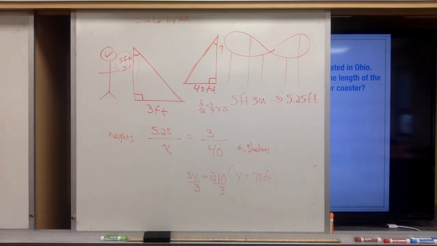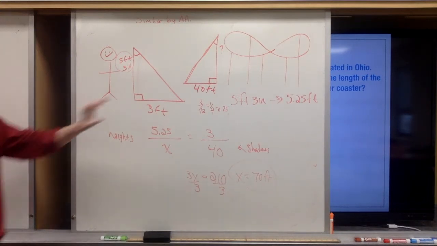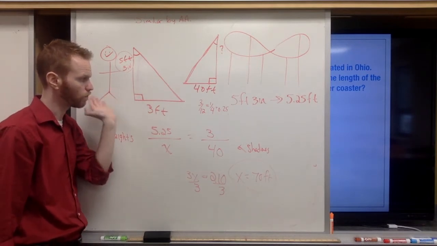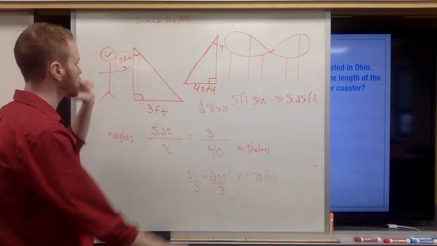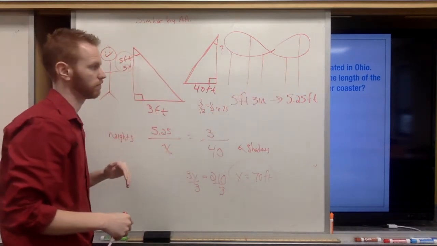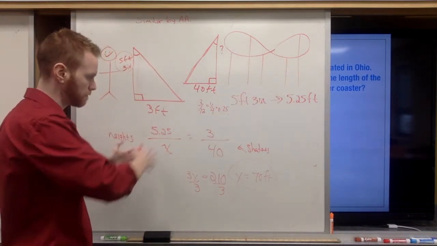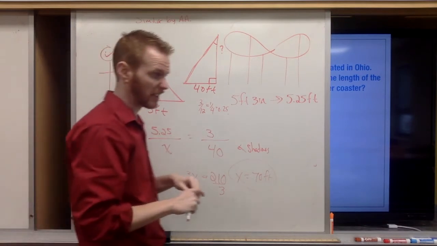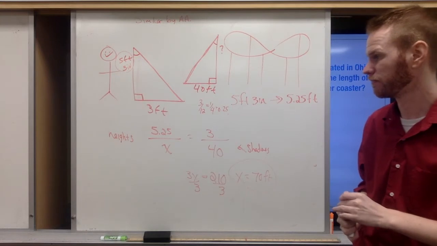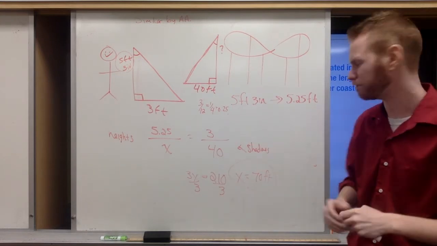So the height of the roller coaster would be 70 feet tall. Okay? So nice example just to show you how we can use triangles in more of an application element. But the process for solving it is still the same, huh? Doesn't really change that much. What do you think? Pretty cool, huh?